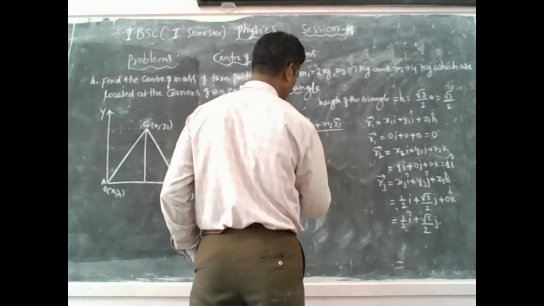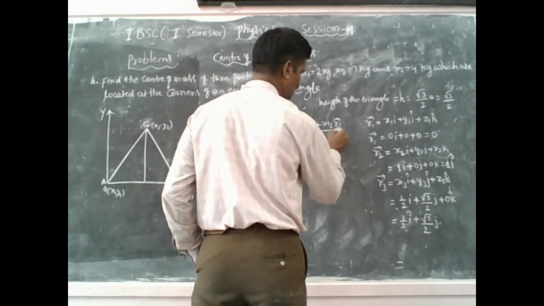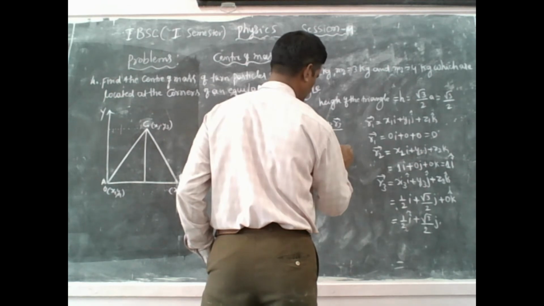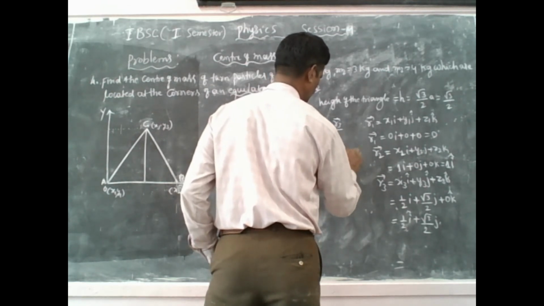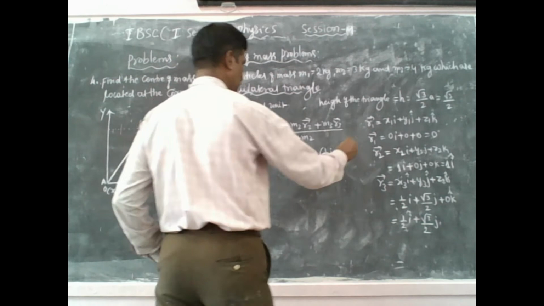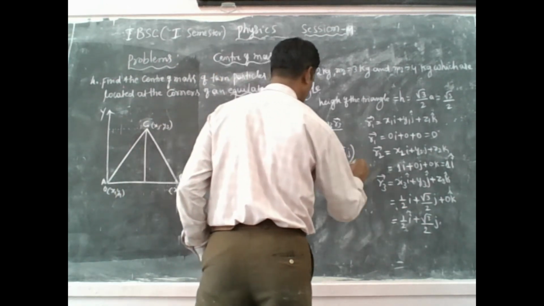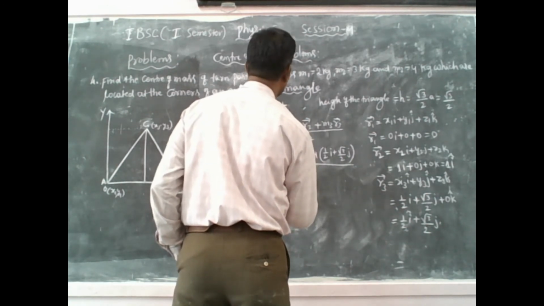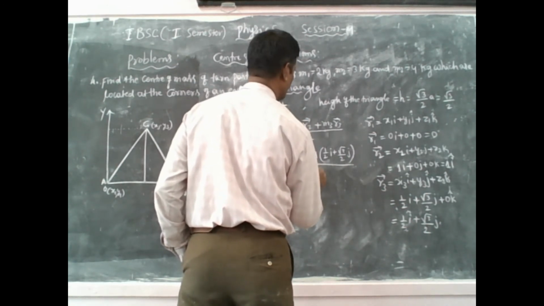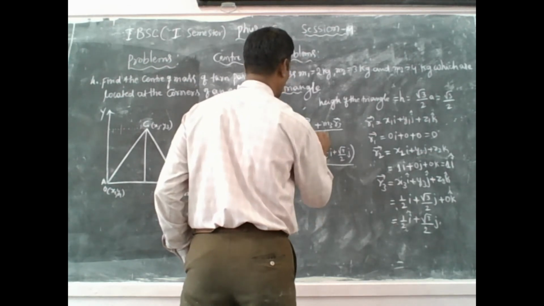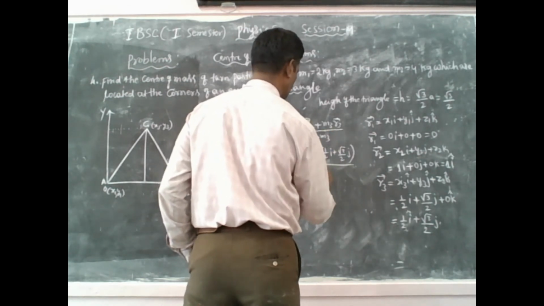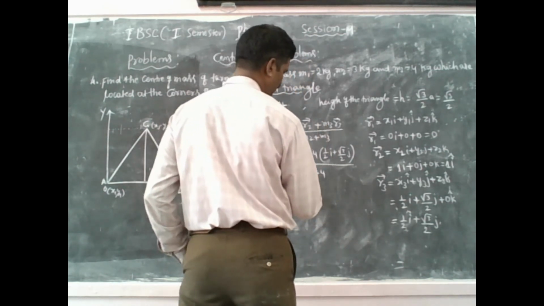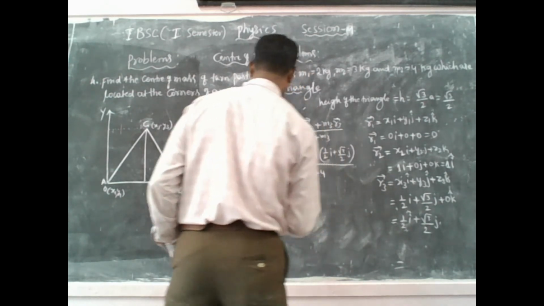Plus M3 equals 4 kg, R3 is equal to 1 by 2 i plus root 3 by 2 z, divided by M1 plus M2 plus M3, which is 2 kg plus 3 kg plus 4 kg. So 2 plus 3 equals 5, 5 plus 4 equals 9.